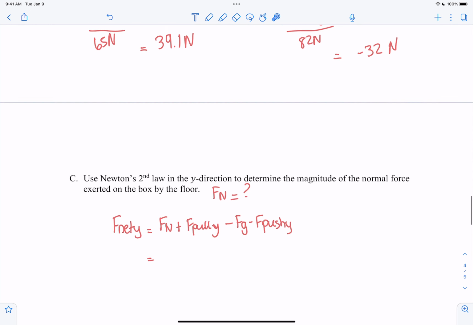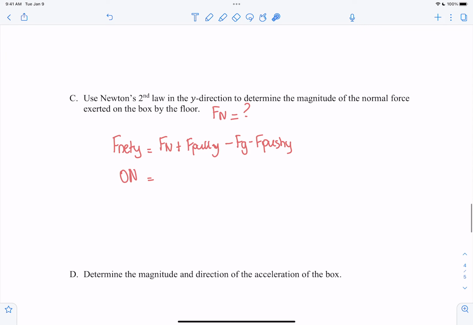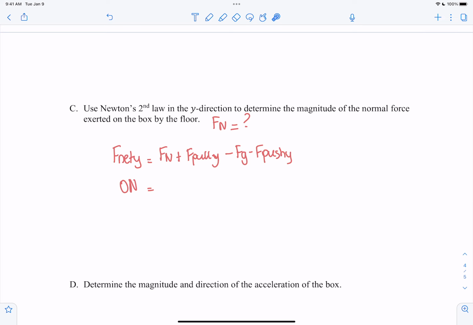F net y is 0, because it's moving across the floor, it's not levitating, it's not sinking into the floor, so we can automatically assume that F net y here is going to be 0, because the problem says that the box is moving across the floor, therefore 0 net force in the y direction. Obviously, if it's moving across the floor, there is a net force in the x direction, though, but we're not concerned with that just quite yet.